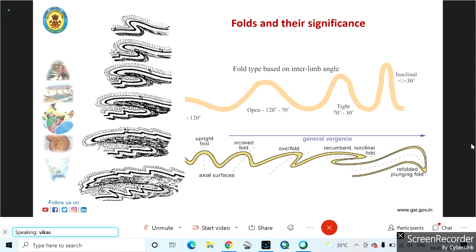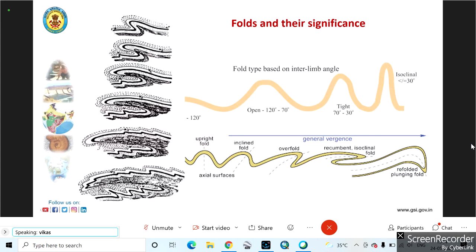Yeah. In this one, the left side diagram, you see that the folds are becoming inclined, and obviously they had already been overturned because they have become inclined, and then after the overturning, you see they have become a recumbent fold, and after that, when they are not able to take up that amount of stress, the strain is accommodated by the movement along a plane. You can see the last picture of this left side photograph, the bottom one.